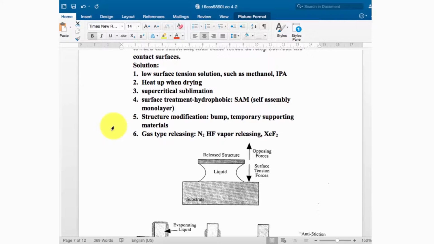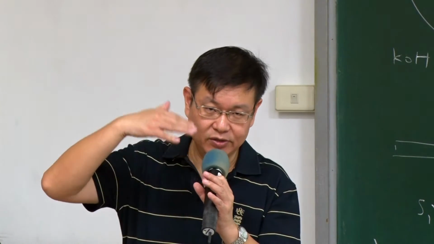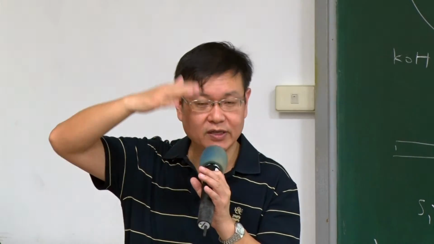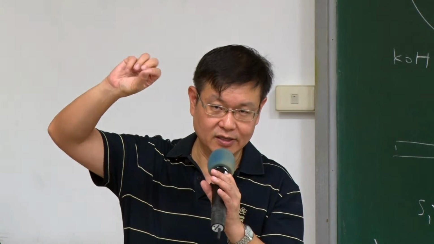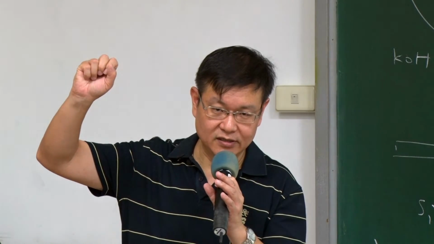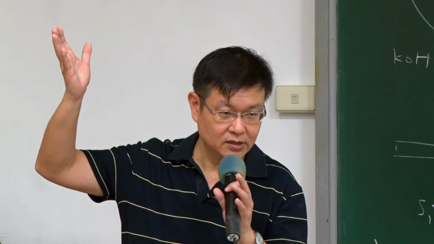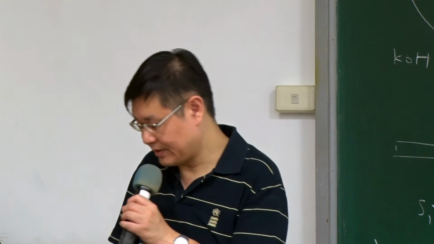When you're doing the sublimation, 就是升华, that means the solution will go from, maybe not sublimation, it's from liquid into the gas, but through the over the critical point. Over the critical point, that means the gas and liquid have no boundary. So in this case, surface tension won't happen. You get rid of surface tension. So in this case, the longer beam can survive.